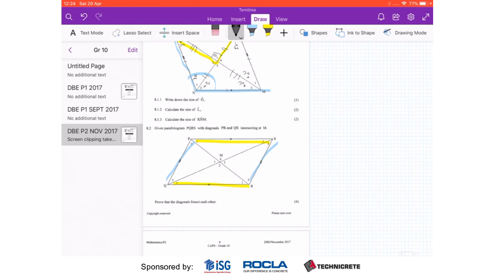So firstly, we're going to say that given, we've been given parallelogram PQRS with diagonals.